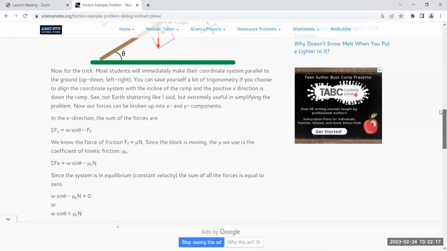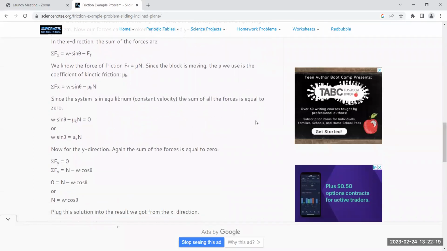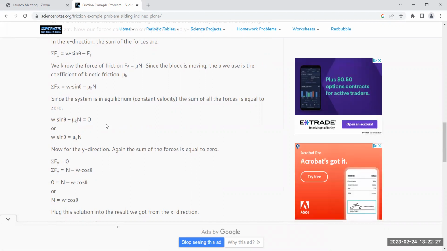But remember, Newton's second law tells me that the sum of the total forces in the system is total mass times total acceleration. And we said that the sum of the total forces is the F sub x plus the F sub y. We just found our F sub x piece. Now let's find the F sub y piece. This one is actually really easy.